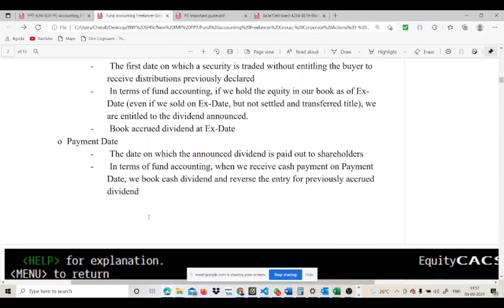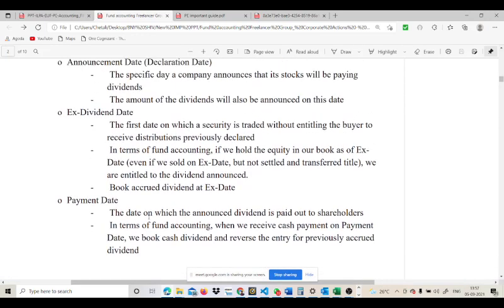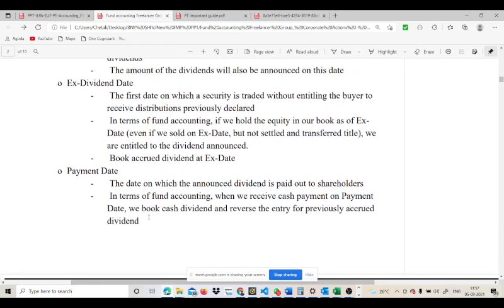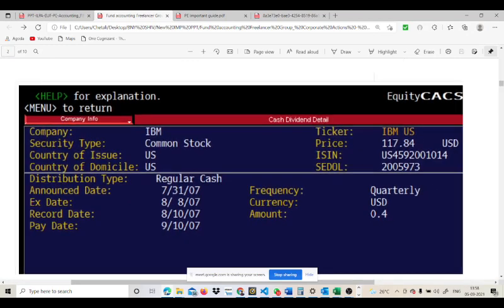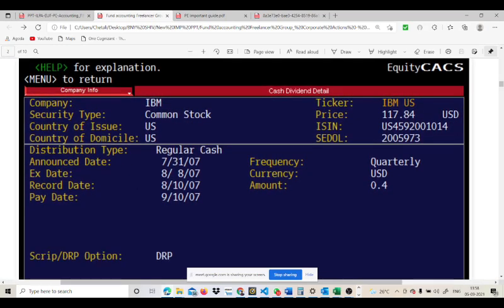Then the payment date, the date on which they announce and all. This is the very important information.